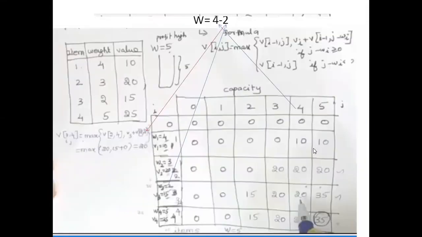Okay, so now let's see how to solve by using this formula. Suppose you take item 3, 4. When you are submitting 3, 4, how are we getting the answer from the formula? Okay, so what is the formula here?